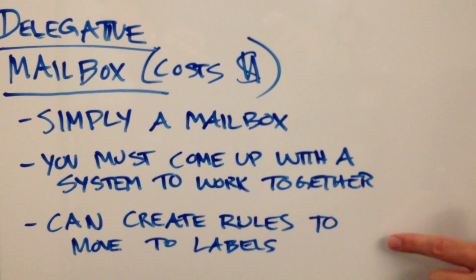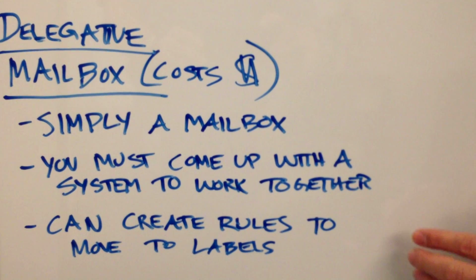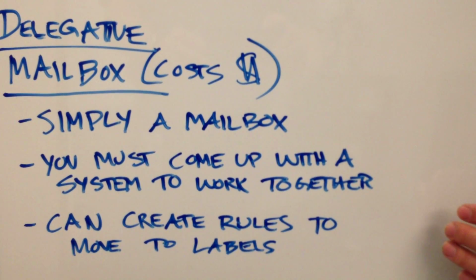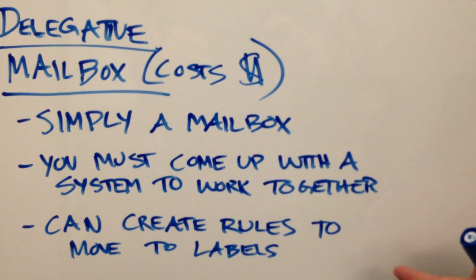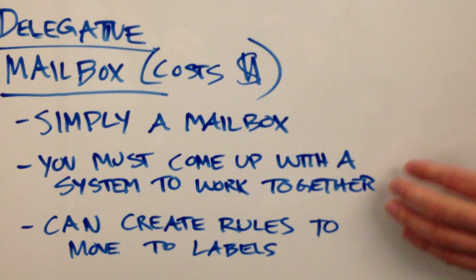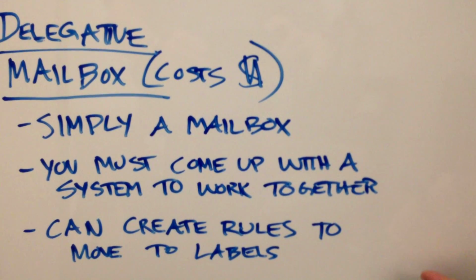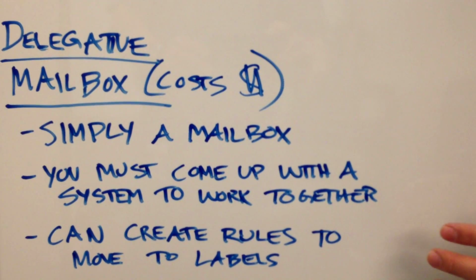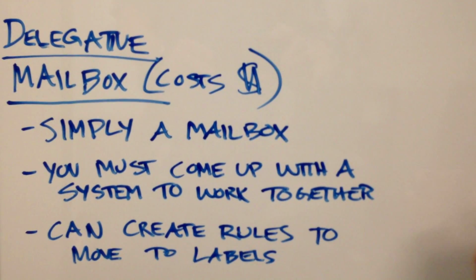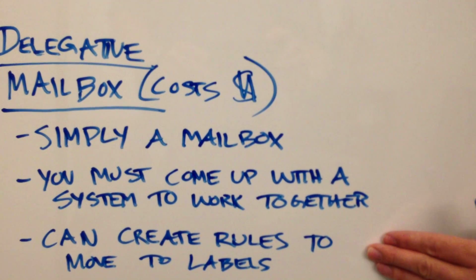So in your system, you might create labels like John, Stacy, Steve, and use some keywords of the emails that come in, and it'll assign them to labels with their name, and then they won't get notified. They'd still have to come to this delegative inbox, but they could just come there and boom, look at their work by label. So it's not ideal, but if you want that feature, that'd be the only reason you'd come down here.